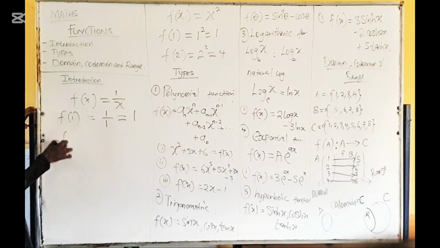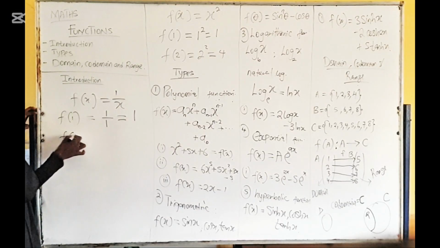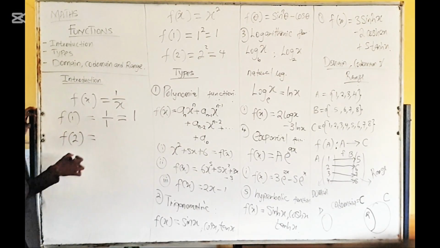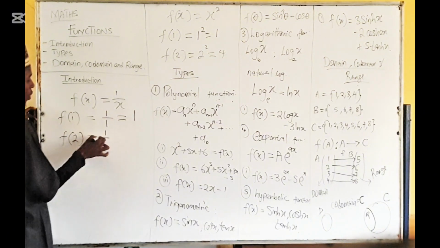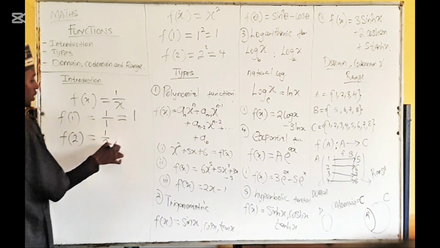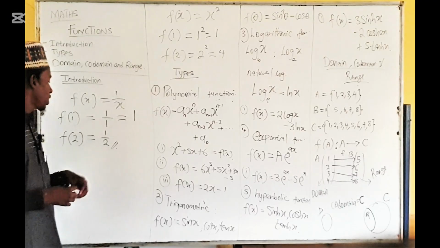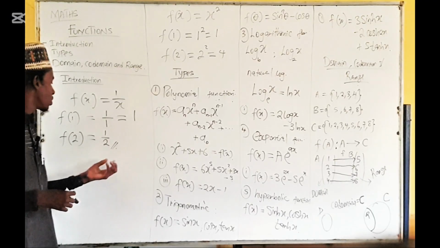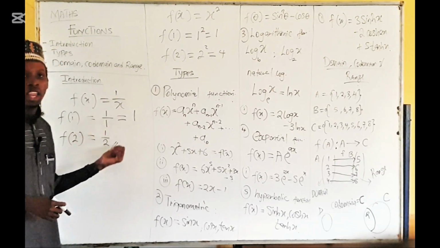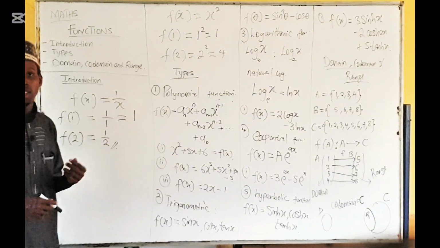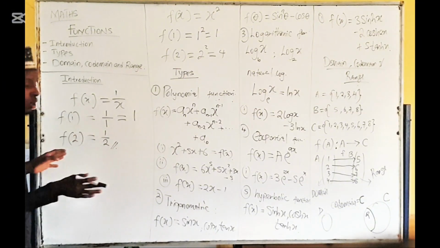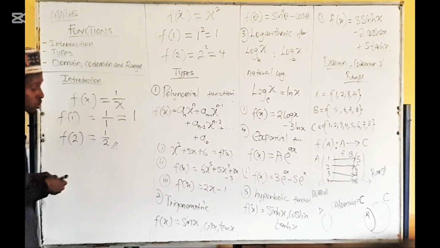Now, when the function is f of 2, I will have 1 over 2. And 1 over 2 is also a number which is defined. Then we say 1 over 2 is the range, and 2 is the domain. It is also possible, and it is also defined.